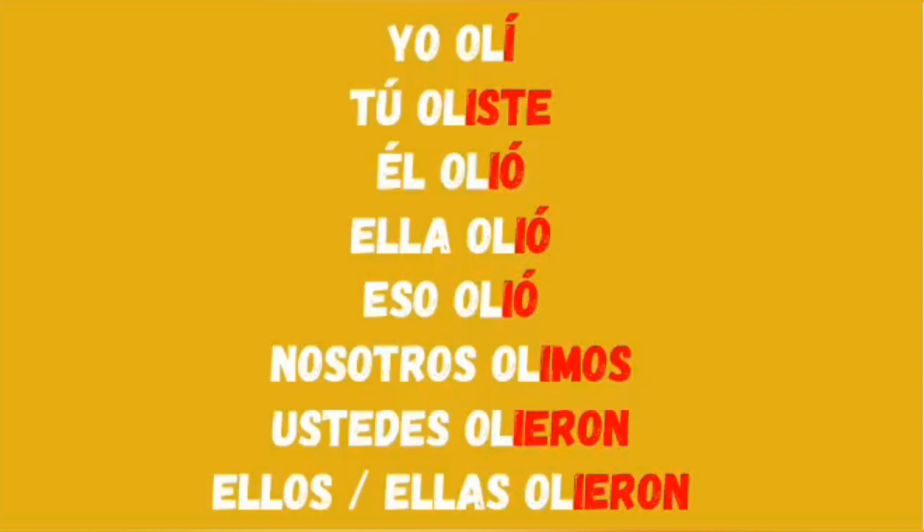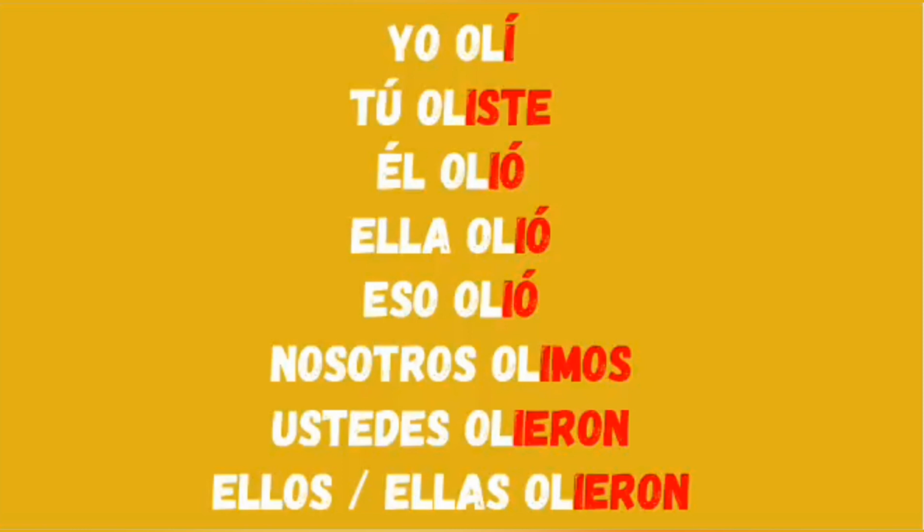If you want to say it smelled, you have to say eso olió. To say we smelled, you have to say nosotros olimos. To say you smelled in the plural form, then you have to say in Spanish ustedes olieron.